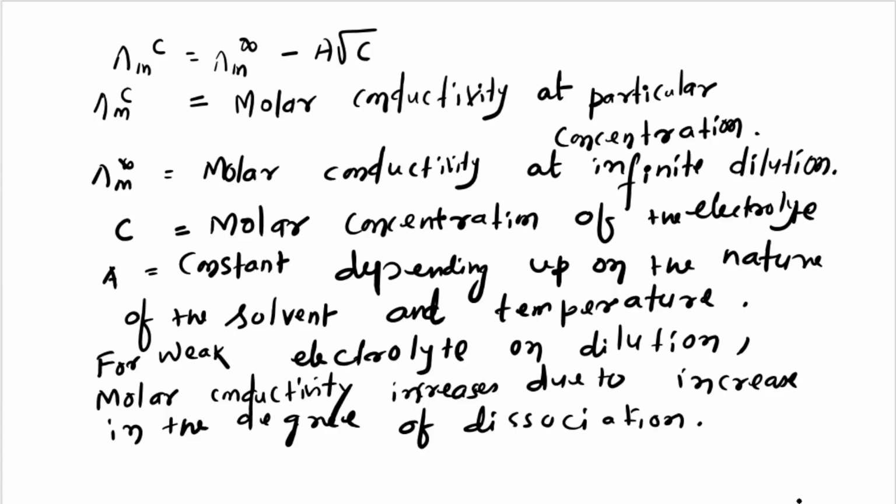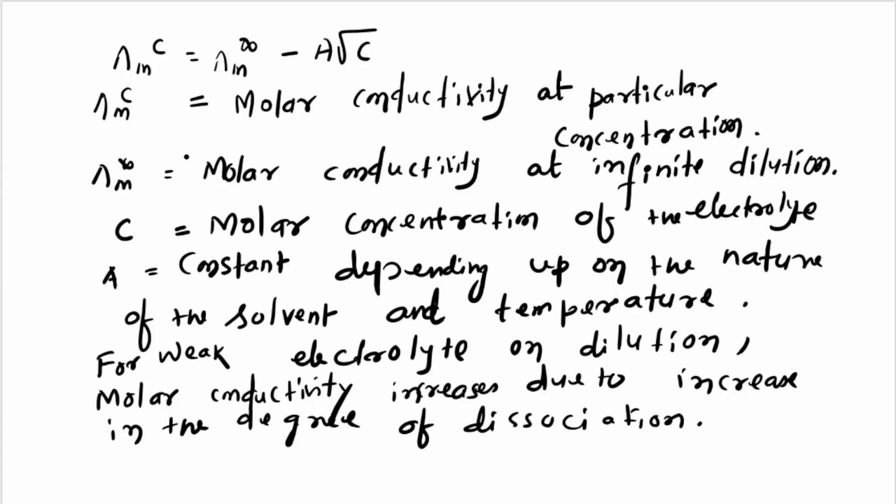The formula is lambda C equals lambda m infinity minus A root C, where lambda mC is the molar conductivity at a particular concentration and infinity means at infinite dilution. C is the molar concentration of the electrolyte, and A is a constant depending upon the nature of the solvent and temperature. Remember, this is very important.